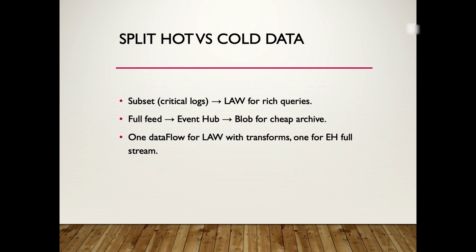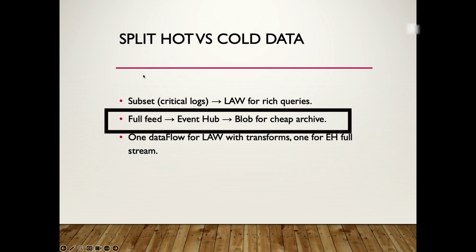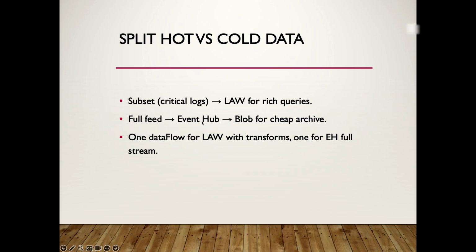And then you're also going to have a full feed that you're going to send to Blob, even though you cannot send it directly to Blob. So you would have to send it to an event hub, and then send it to Blob for cheaper archives. So in other words, you're going to keep everything in Blob, but only a subset in the log analytics workspace. How do we do that?